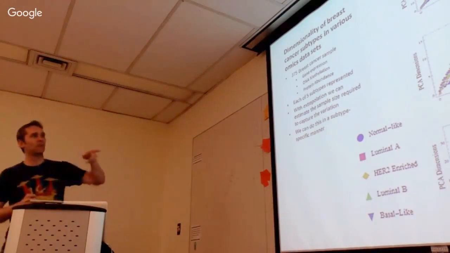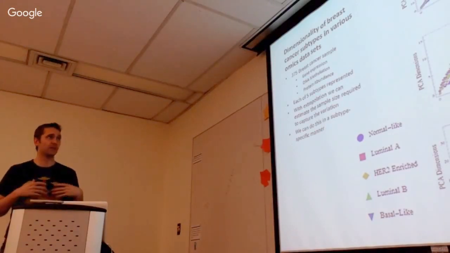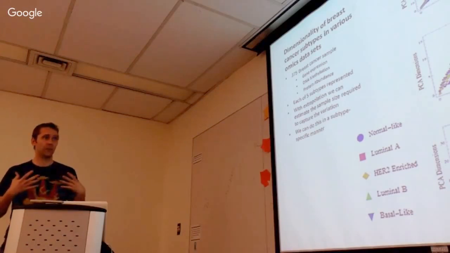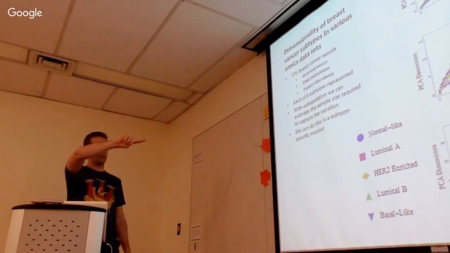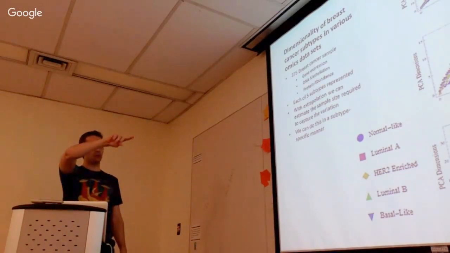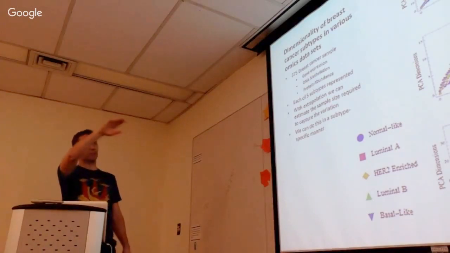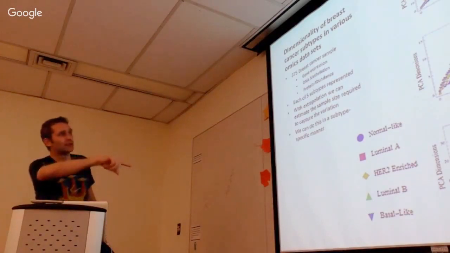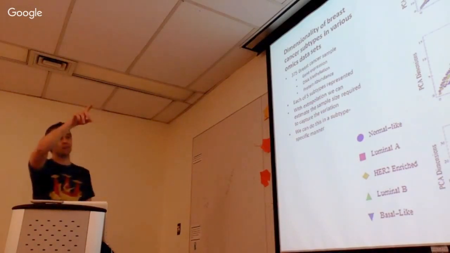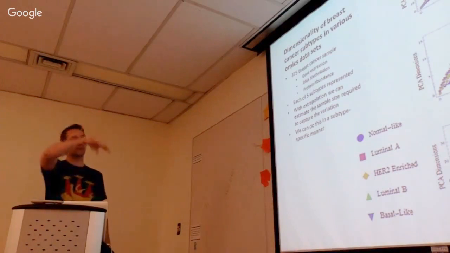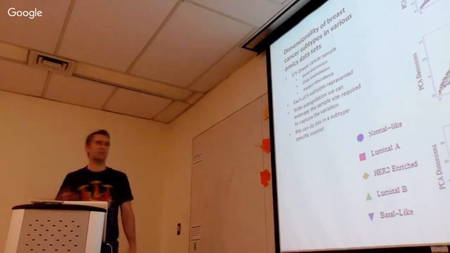And so he kind of shows that there is a difference in their complexity, which is kind of interesting. So you can kind of see that if he plots the principal component dimensionality, you see which one has the lowest complexity, like normal-like have the lowest complexity, and then basal-like have the highest complexity. And it's kind of preserved through the three different ways of measuring.